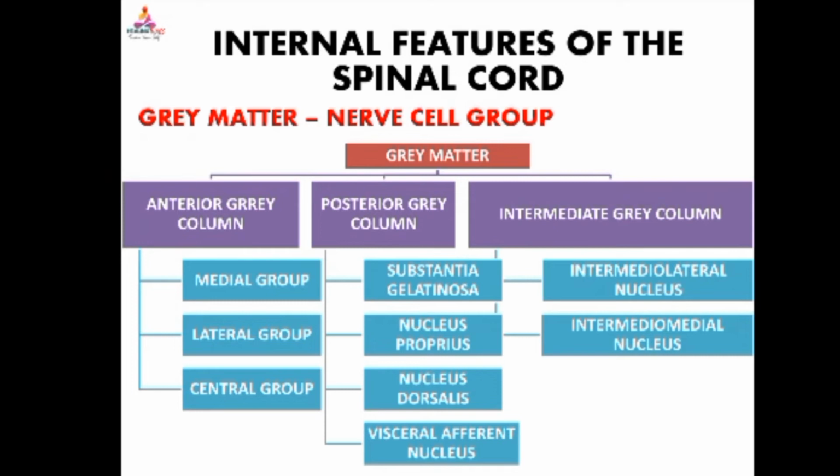The posterior gray column is divided into substantia gelatinosa, nucleus proprius, nucleus dorsalis, and visceral afferent nucleus. The intermediate or lateral gray column is divided into intermediolateral nucleus and intermediomedial nucleus.